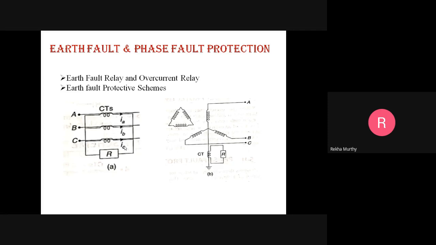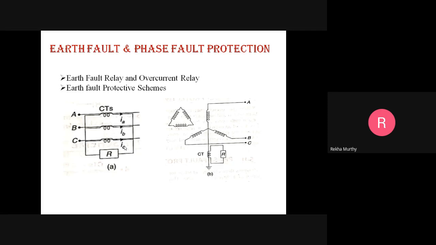When you sum up these currents, that is IA plus IB plus IC, it is called the residual current. Under normal conditions, this residual current is zero. Whenever an earth fault occurs, the residual current is non-zero.